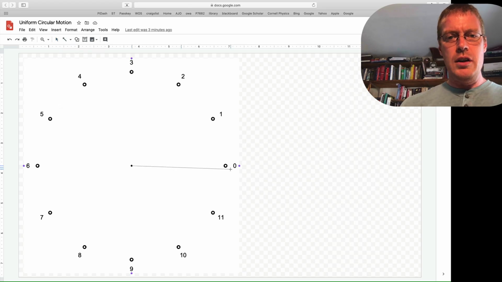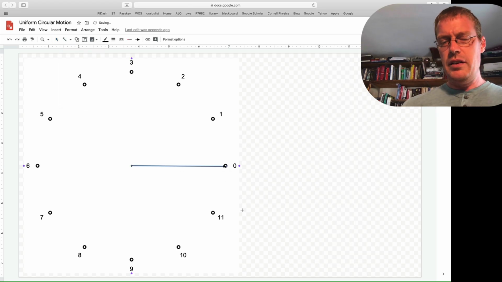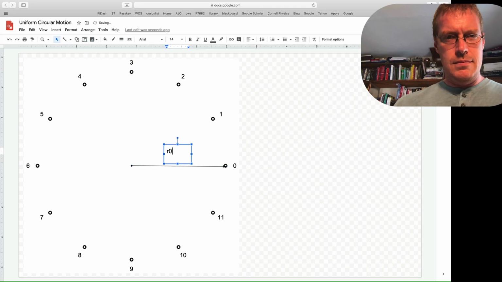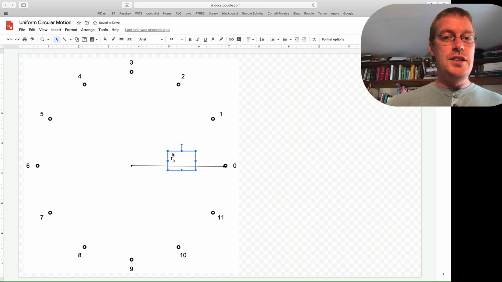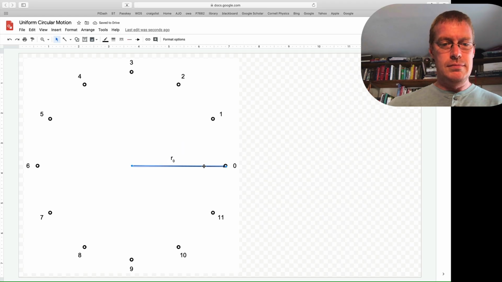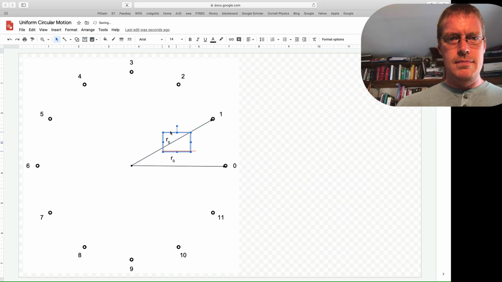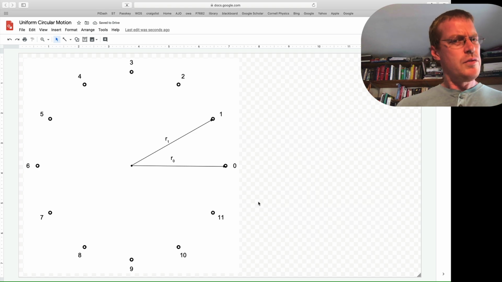And I could draw radii vectors corresponding to the distance to each of these points. For simplicity, to make it easier to read, let me change the colors of those.